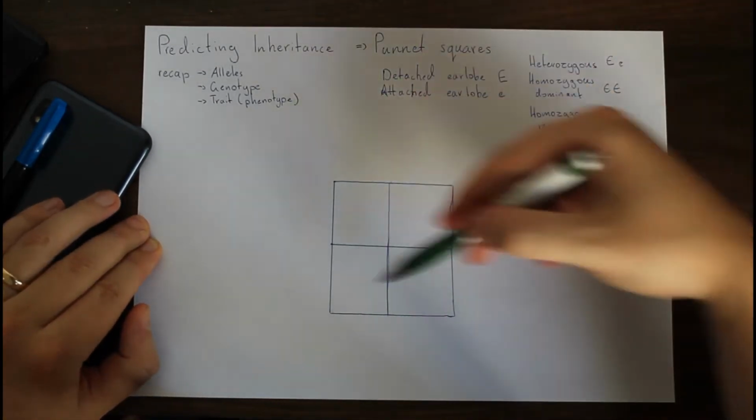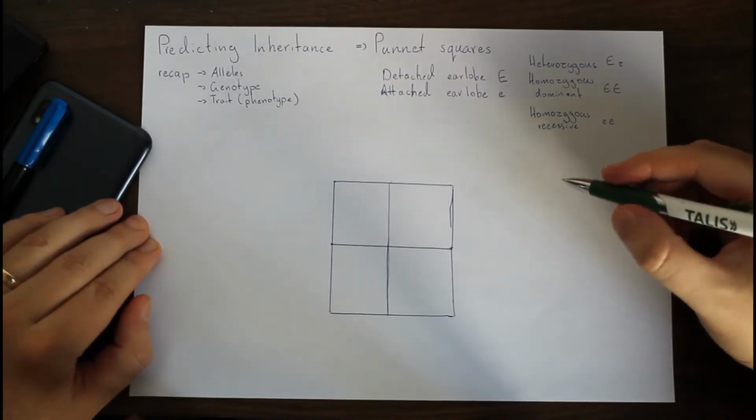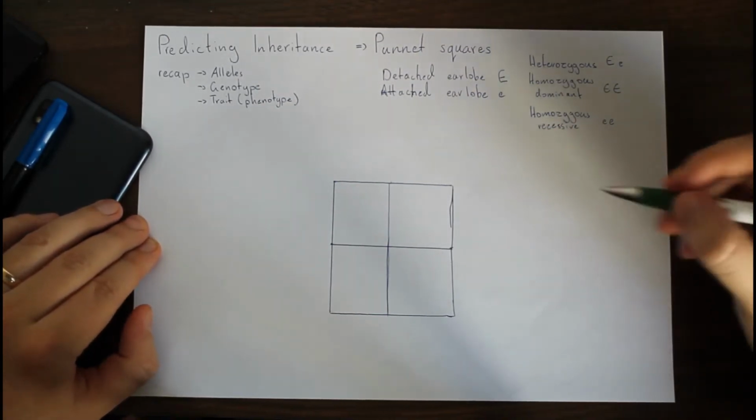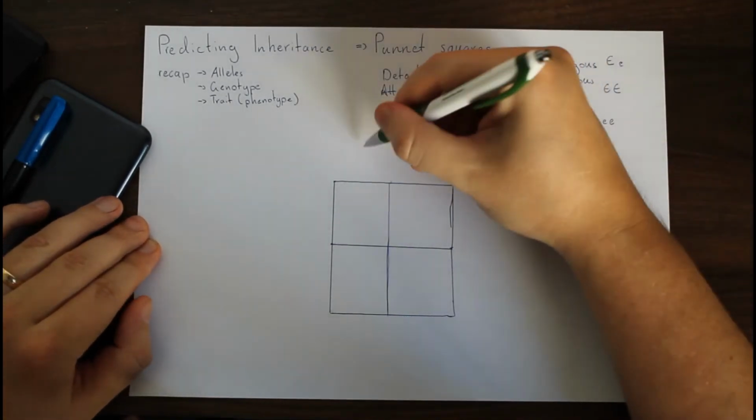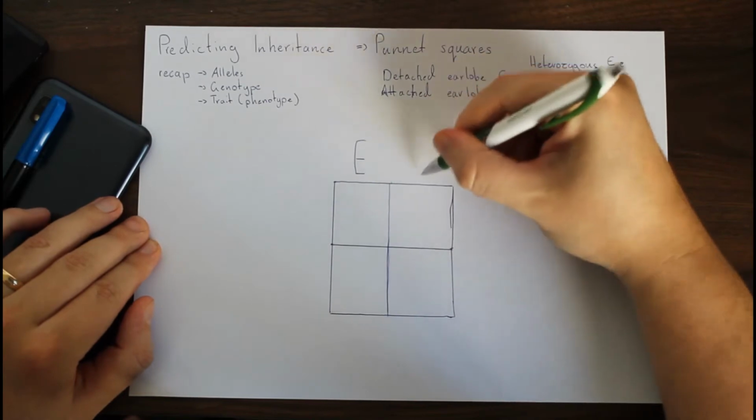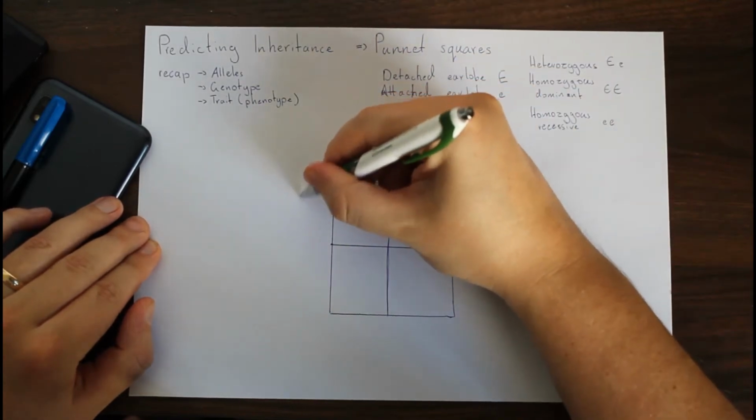Okay, so today in our Punnet Square we're going to be looking at potential inheritance for offspring of two heterozygous individuals. So I'm going to draw their genotype at the top and side of my Punnet Square.